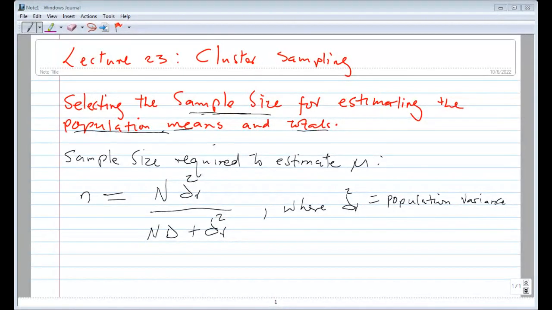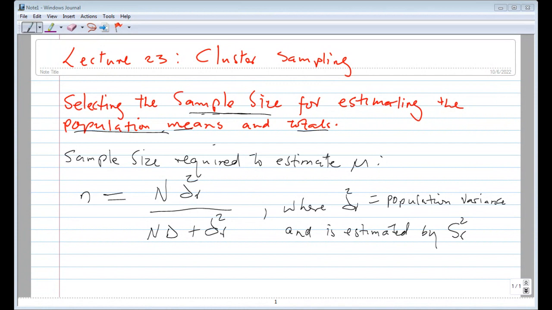And this population variance can be estimated by s_r squared, isn't it?